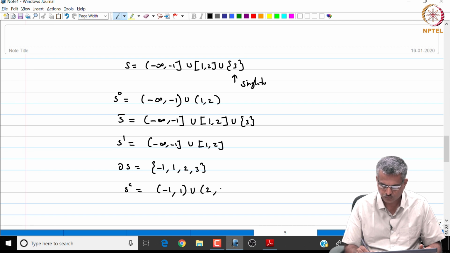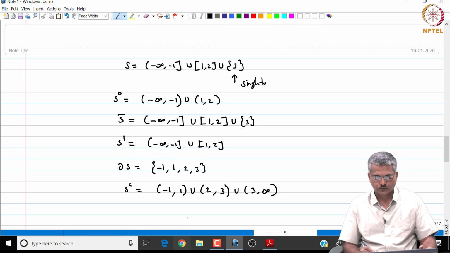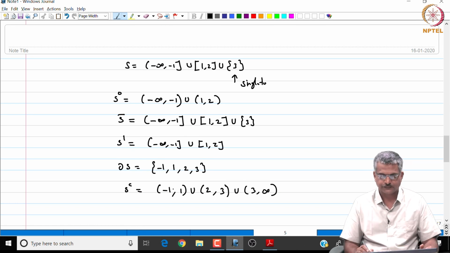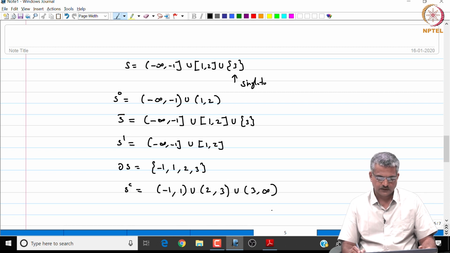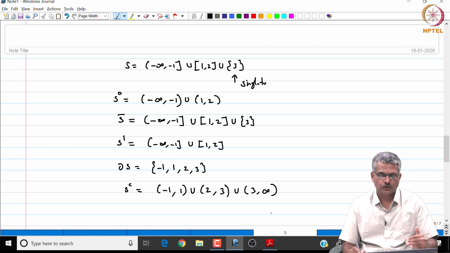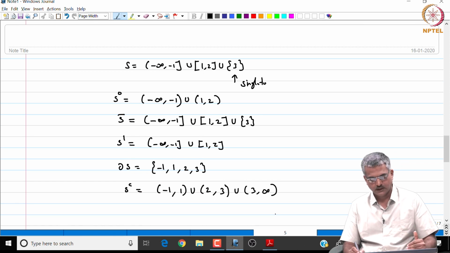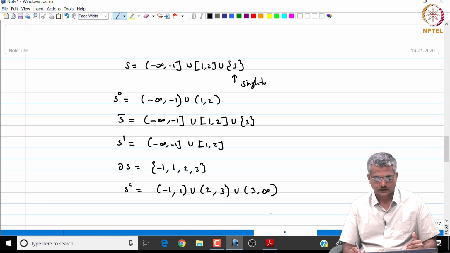So, 2 to 3, because 3 is there, I need to exclude 3, union 3 to infinity. So, this is the complement of the set S. Here is an example which captures the notion of interior points of a set, the closure of a set, the limit points of a set, the boundary of a set, and the complement of a set.